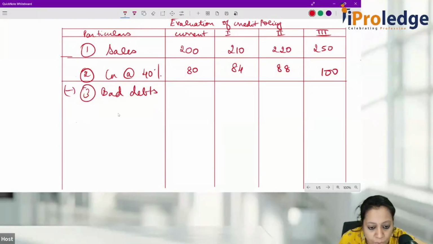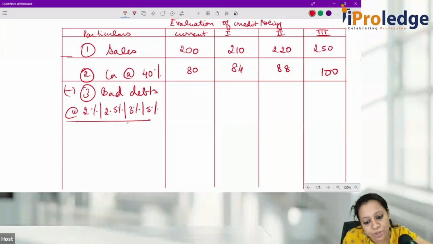So it is going to be 2%, 2.5%. Then it is given in the third line of the table, 3% and 5%. So just apply it on the sales. So these percentages will be on sales. Okay. So it is going to be 200 into 2%. That is, yes, 4.